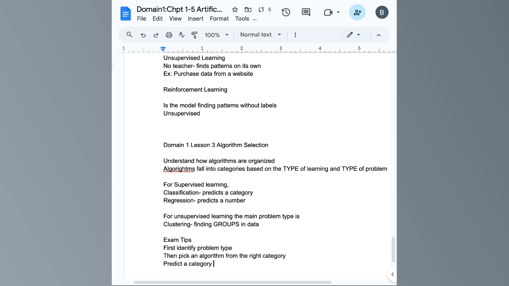For example, if you're trying to predict a movie category and you're asking the algorithm, is this going to be a horror film, a comedy, or an action film, you need a classification algorithm.